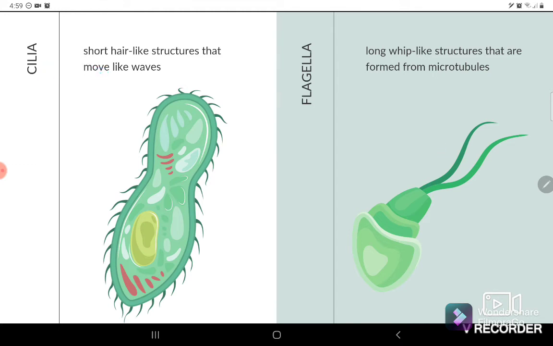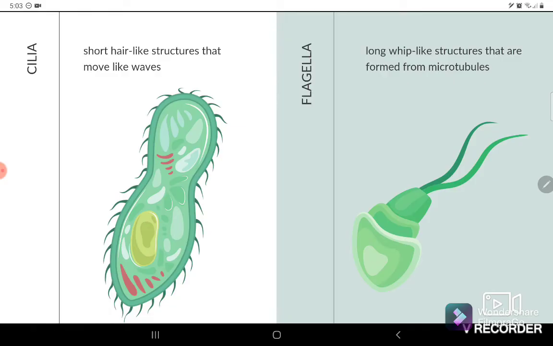However, there are only two flagella, two elongated whip-like structures. Still, they are used for locomotion. The movement for flagella is propeller-like, while in cilia it is wave-like. So that is the modification for locomotion.